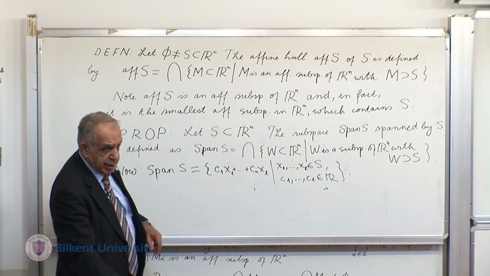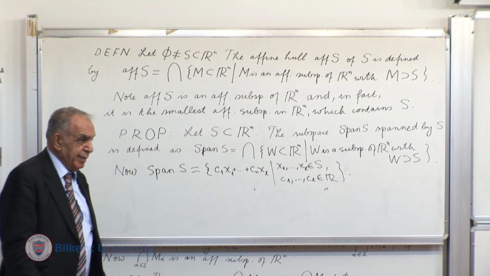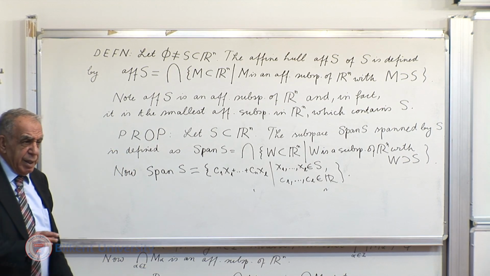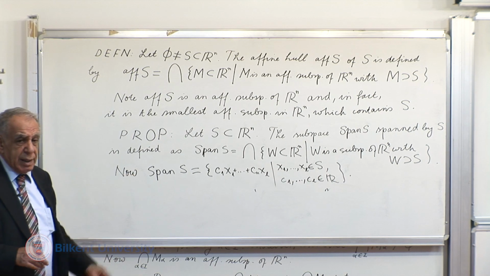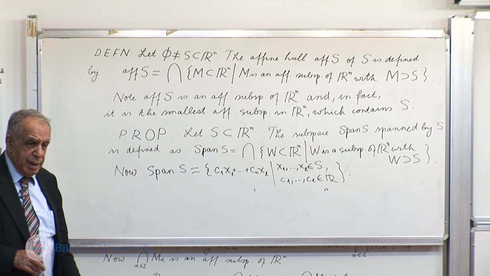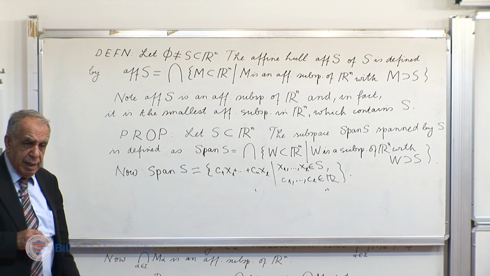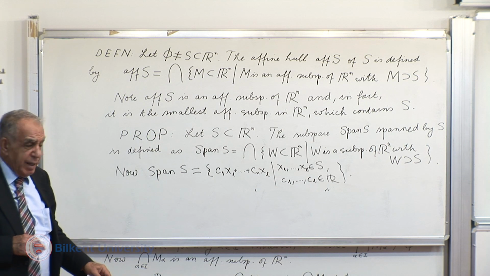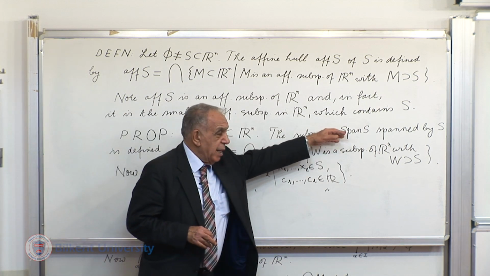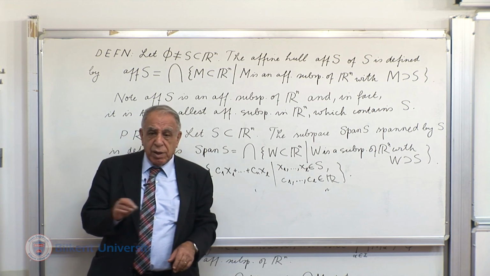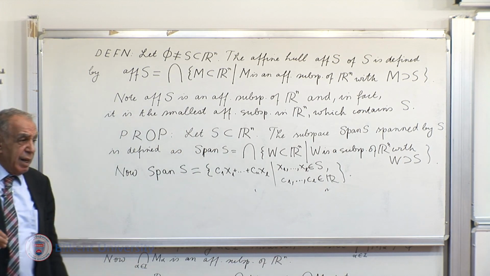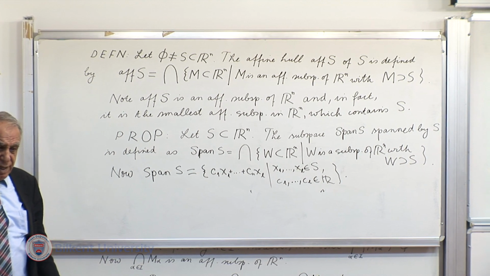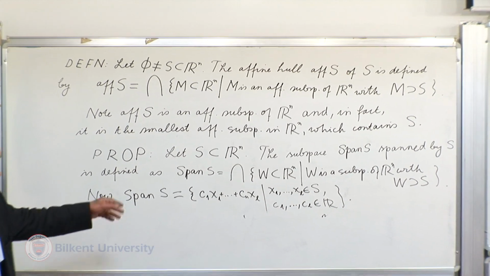I guess this is a good point to stop. And next hour, we'll introduce the notion in the context of affine subspaces, which is the counterpart of a linear combination of vectors in the context of the subspace spanned by S, and also the counterpart of a convex linear combination of vectors in S in the context of the convex hull of S. What's the counterpart?